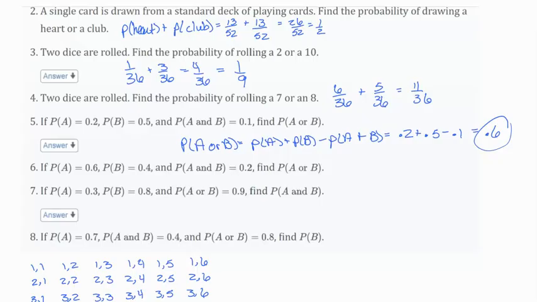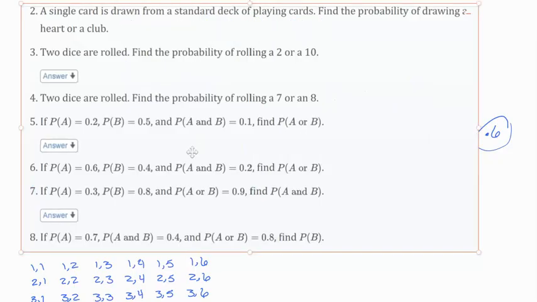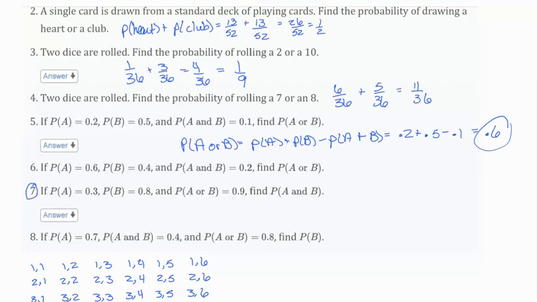Now let's change it a little bit. Let's look at 7. Number 7 tells us the probability of A is 0.3, the probability of B is 0.8, and the probability of A or B is 0.9. They want to know what's the probability of A and B. So let's use that formula and substitute everything we know into it. So the probability of A or B is 0.9. The probability of A is equal to 0.3. The probability of B is equal to 0.8.